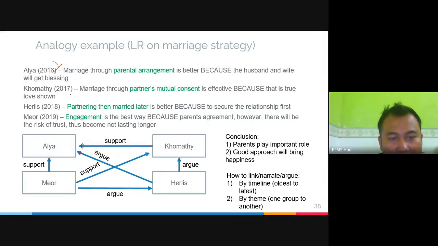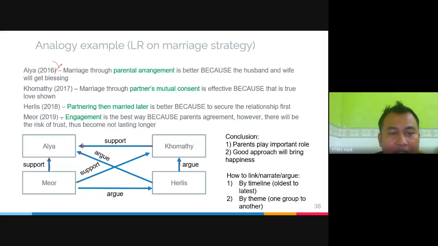How about Komati? There is no direction from Alia towards Komati because Alia did work first. Herlis can argue with Komati, not agreeing with what Komati says. But Mio supports Komati's work, because engagement and partners' mutual consent might be the same thing. How about Herlis?